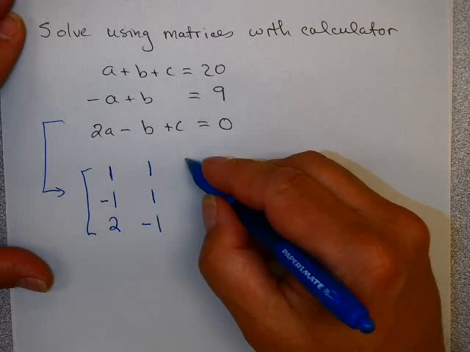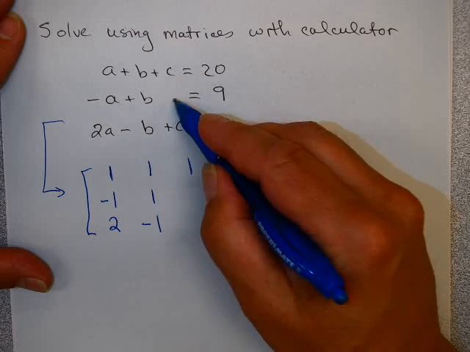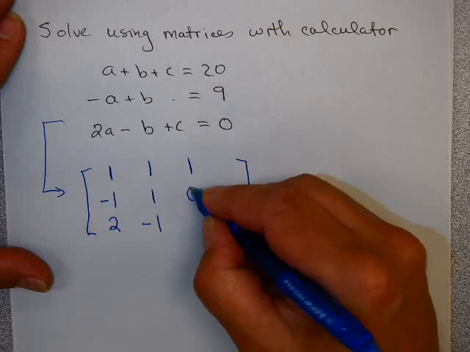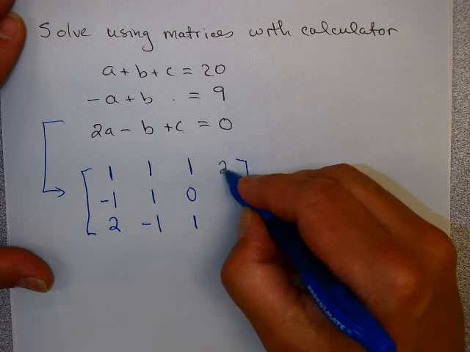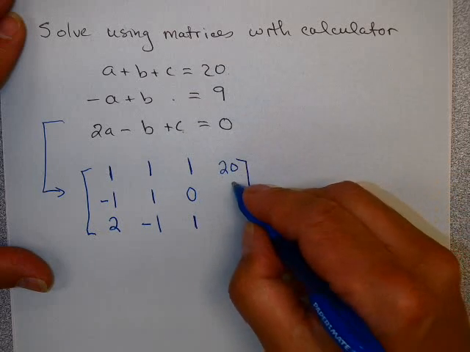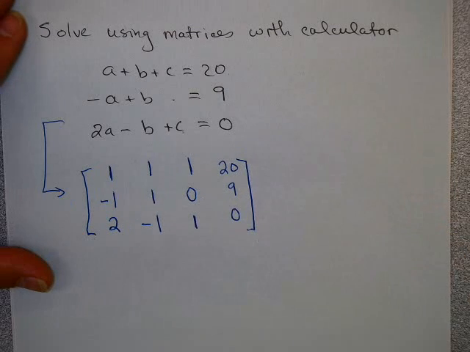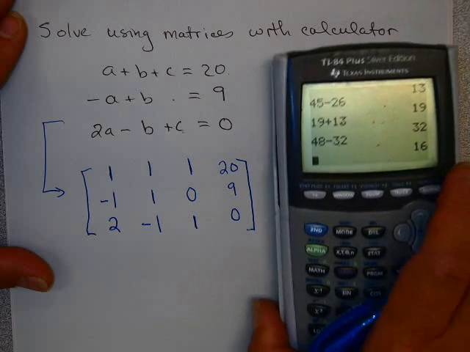And the numbers in front of C in this one. Notice there is no C here, so we're going to put a 0. And C here, this is 1. And then my constants, which are these numbers, 29 and 0. This structure is called a matrice, or a matrix, and we can use our calculator to help us with this.